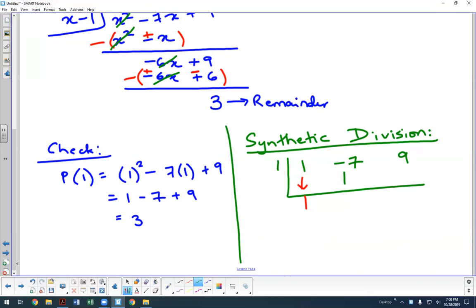Add, so what's negative 7 plus 1? Negative 6. Multiply again, so negative 6 times this one on the outside again. So 1 times negative 6, negative 6, right? Add, what's 9 minus 6? 3. 3, yeah.